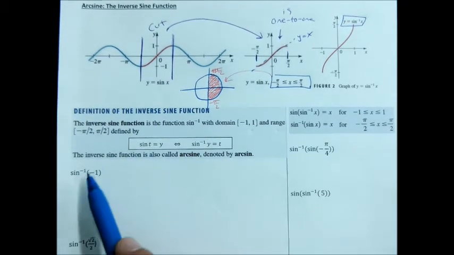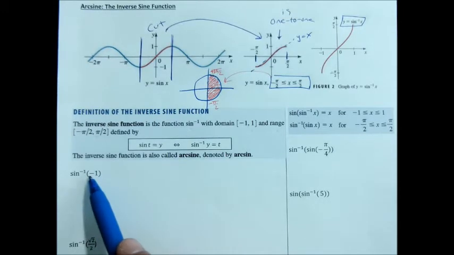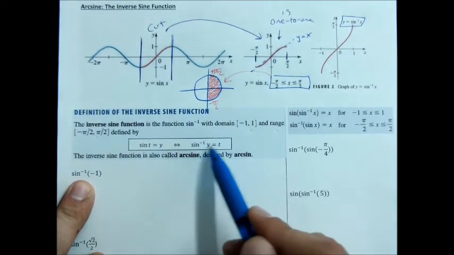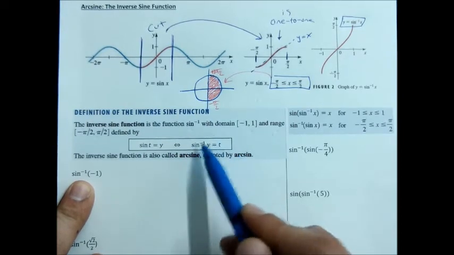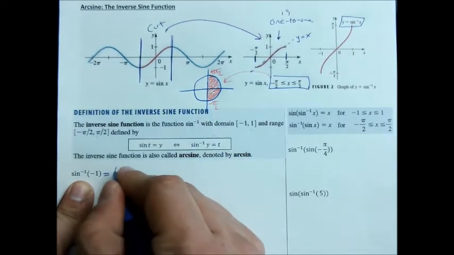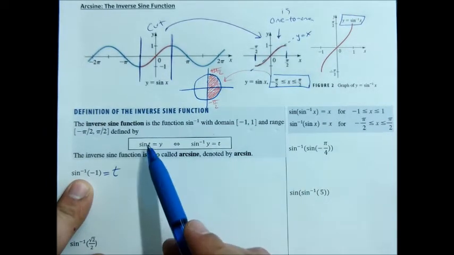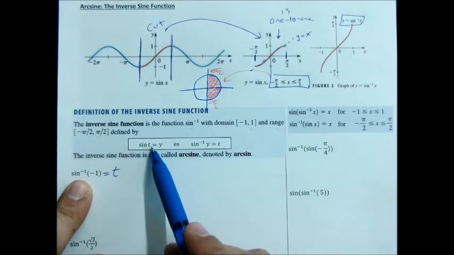And so when we see a problem that looks like this, sine inverse of negative 1 over 2, we want to know what this equals. We want to know what t that equals. And so we think about it by doing this. We think, where did that t come from?